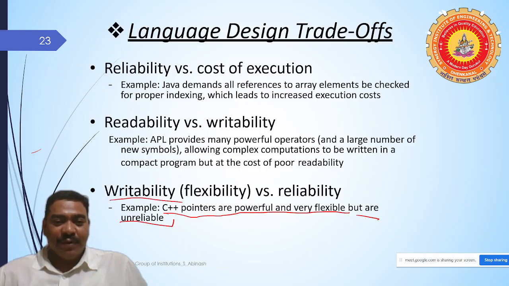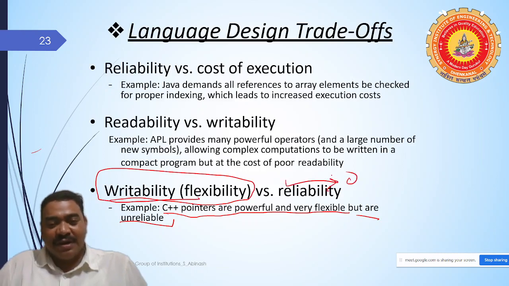Very flexible for programming, C++ or C. Okay, but reliability is 0. You cannot rely on C and C++ because of the pointers. If we remove these pointers and some of the statements, then this language is very powerful and flexible for programming.